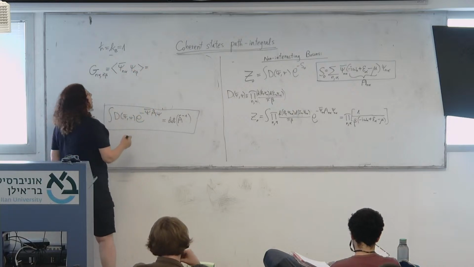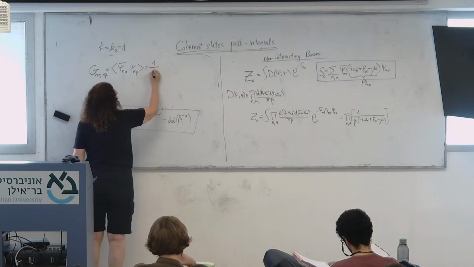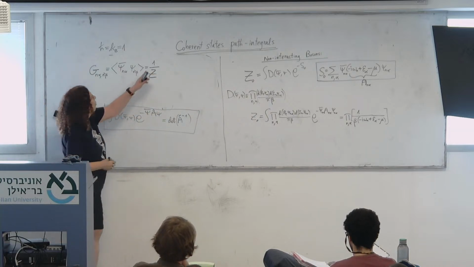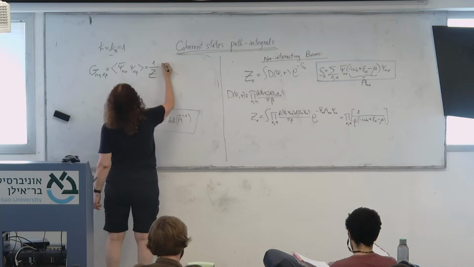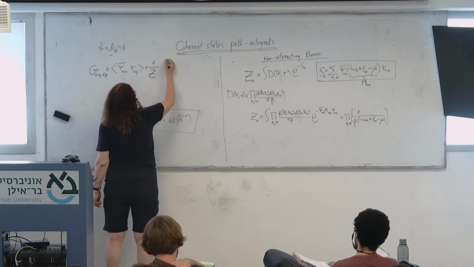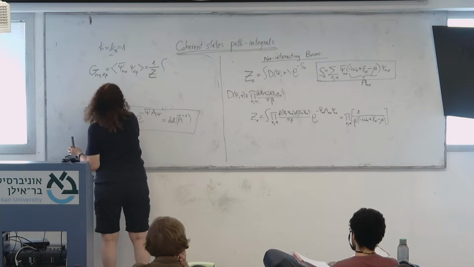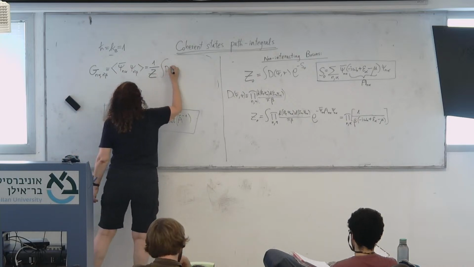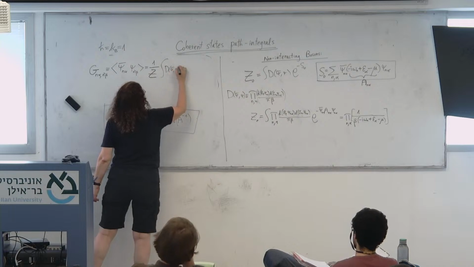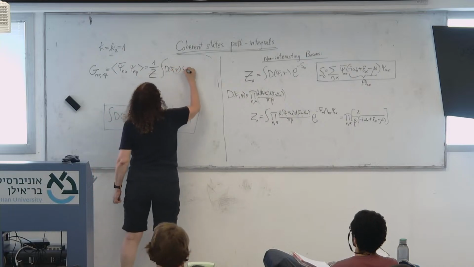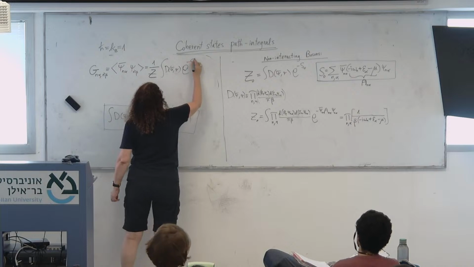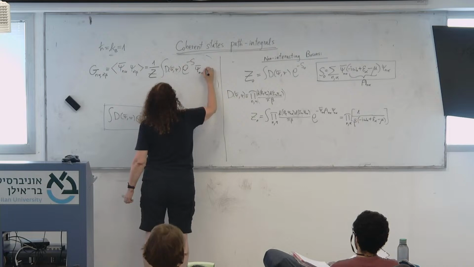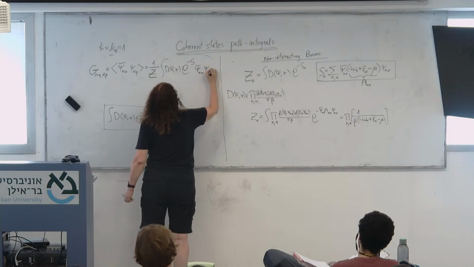And what I mean by expectation value is just its definition in statistical physics, which is 1 over Z times the integral d psi e to the minus S times psi bar alpha, psi prime beta.